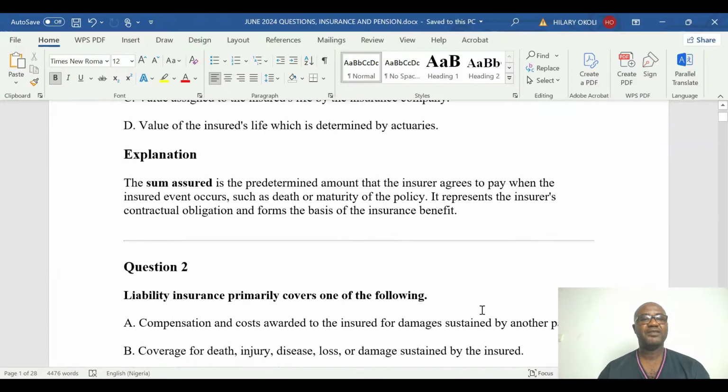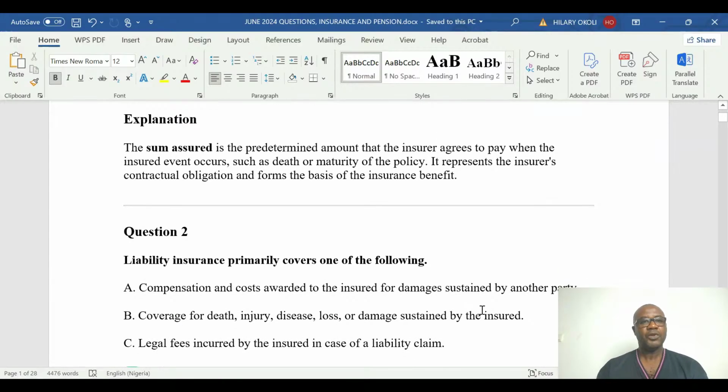explanation we have here, saying that the sum assured is the predetermined amount that the insurer agrees to pay when the insured event occurs, maybe in the instance of death or even at the maturity of the policy.